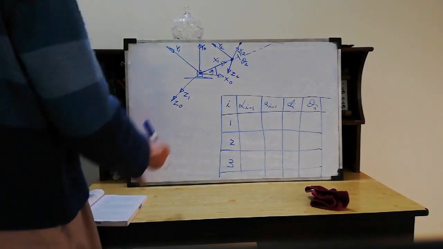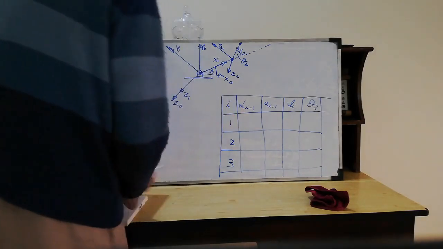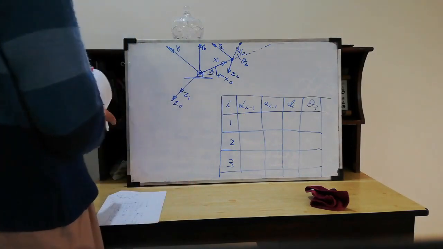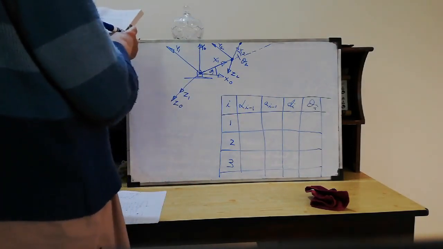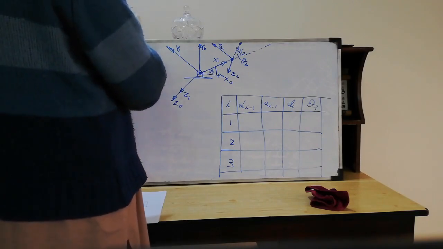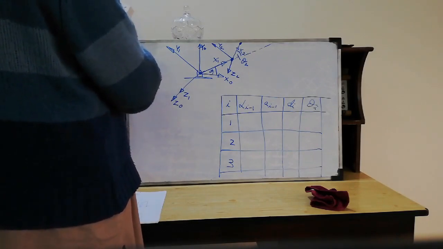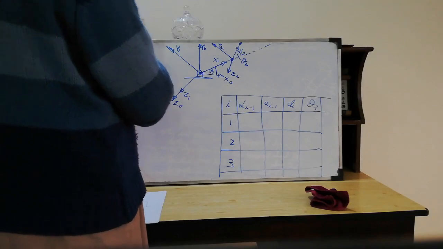Okay, so alpha i minus 1, I'm going to read through the table which I have given you. Alpha i minus 1 is the angle between Zi to Zi plus 1 measured along xi.